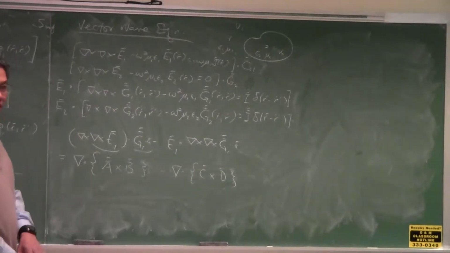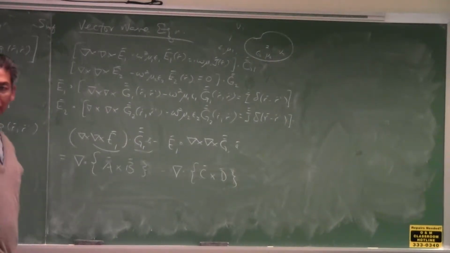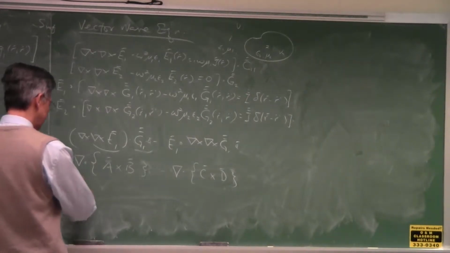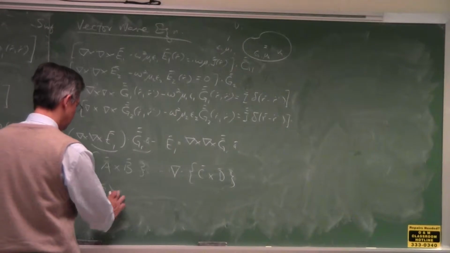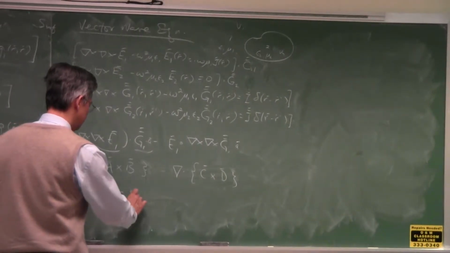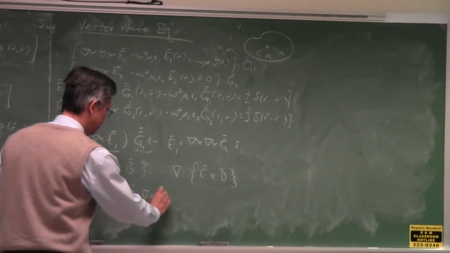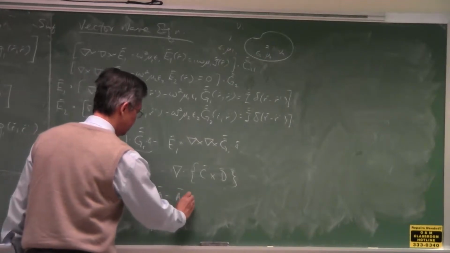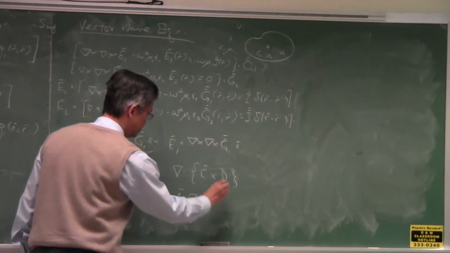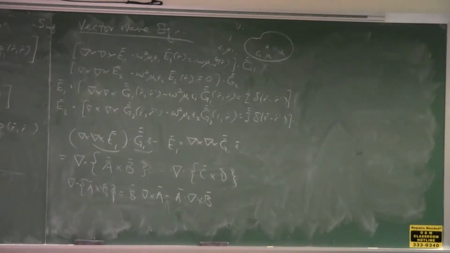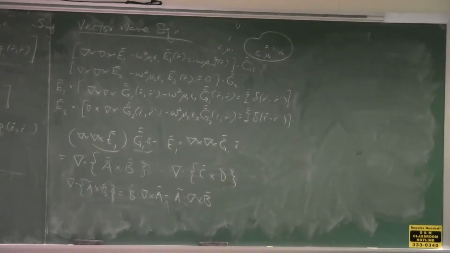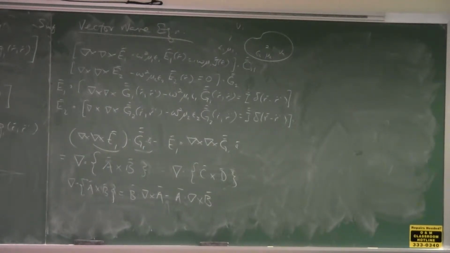And what is the divergence of A cross B that you remember from the chain rule? It is B dot curl of A minus A dot curl of B. Remember this minus sign is very tricky. That minus sign is not there in the chain rule for gradient or divergence of scalars, but for the divergence of a vector, you have to remember that minus sign.